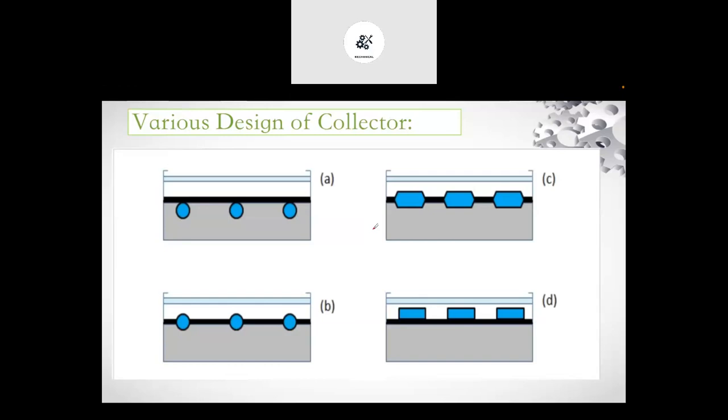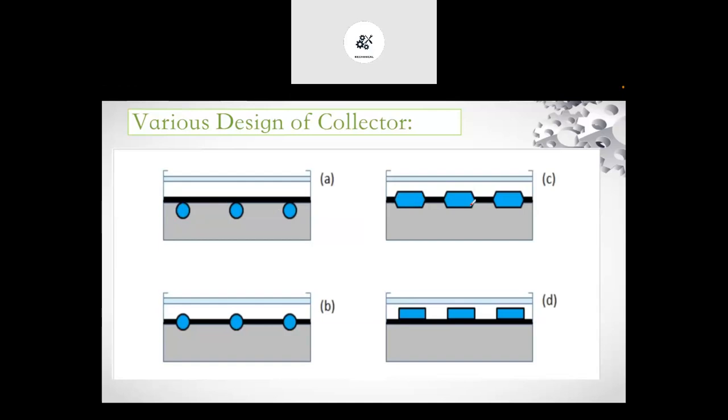By using those combinations, we can make the design of the flat plate collector more and more efficient. Here, this is the simple design having circular tubes, and the absorbing plate is installed on the upside, in front of the tubes.